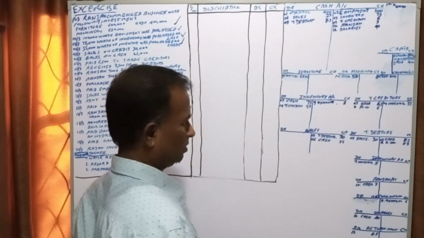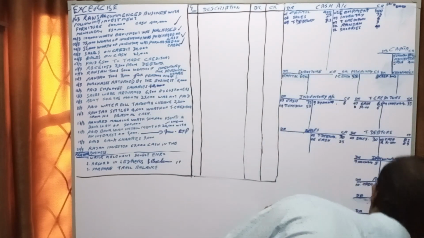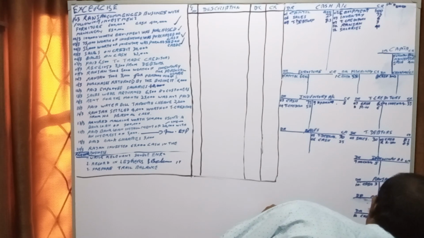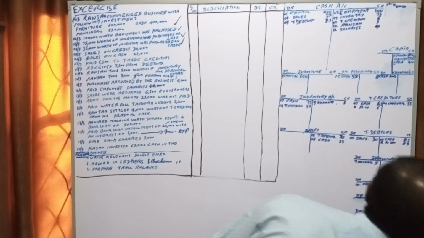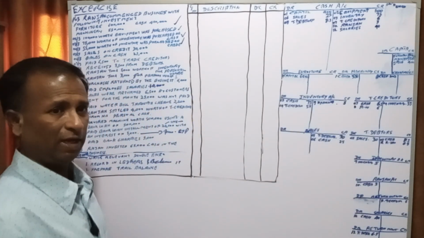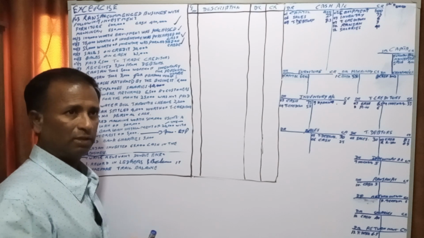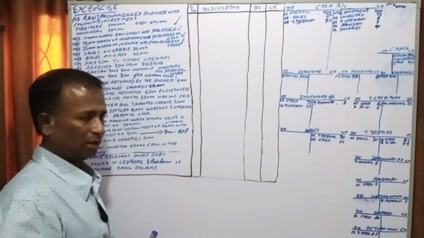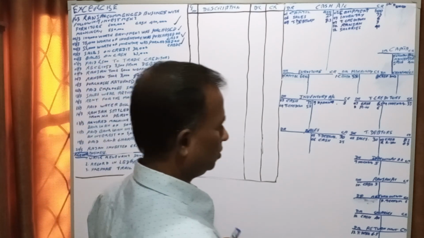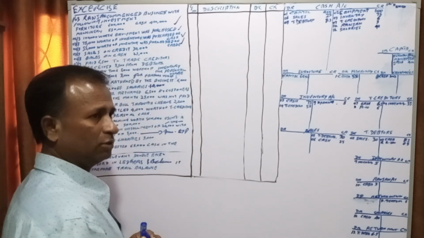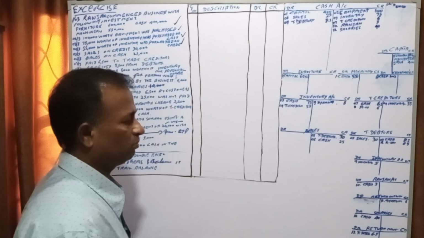Here we will say trade debtors. Understood? Because we have past journal entries in the previous question answer, you must be able to travel with me.